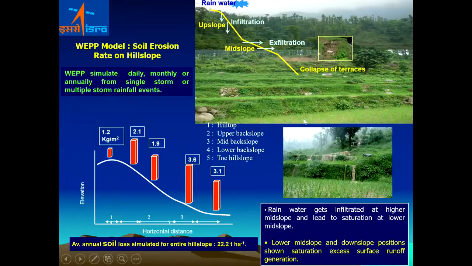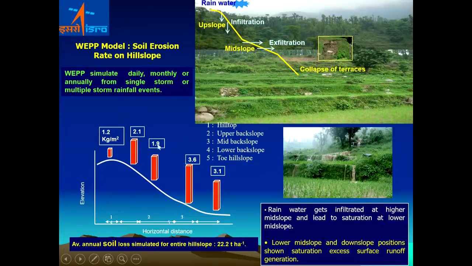We used the WEPP model, Water Erosion Prediction Project, which is the most advanced model. The beauty of this model is that you can find out the erosion at every place. Suppose this runoff water is falling, what is the erosion rate in the upslope area, mid slope area, or lower slope, at different fields? So we calculated the erosion rate like this: 12 tons at the top of the hill. But here it is 21 and 19 tons per hectare per year.